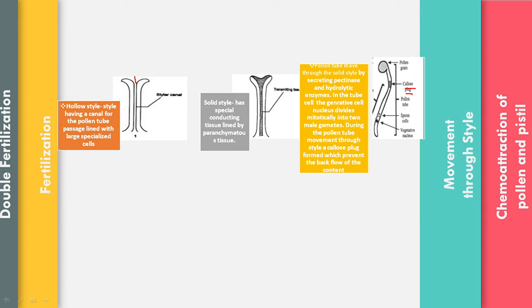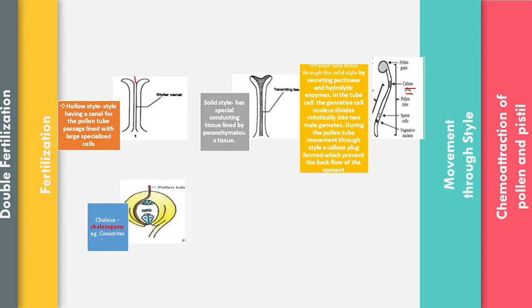Fine. Now the pollen tube is entering through the style, and it will enter the ovule. There are three conditions through which the pollen tube will enter into the ovule. The first is if the pollen tube enters through the chalaza, then that condition is known as chalazogamy.